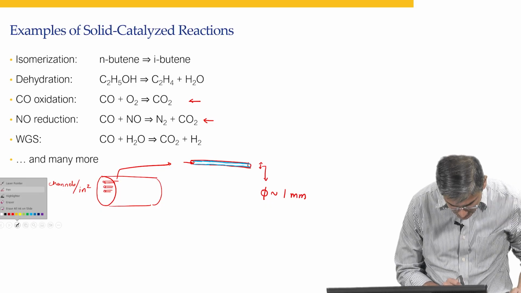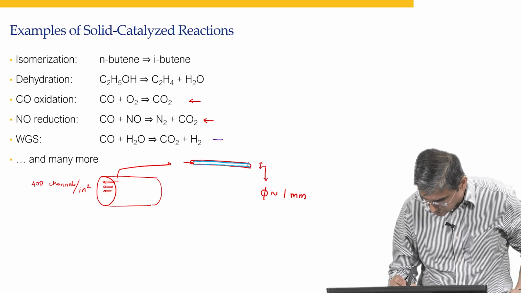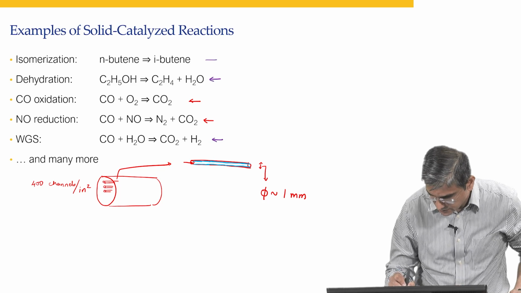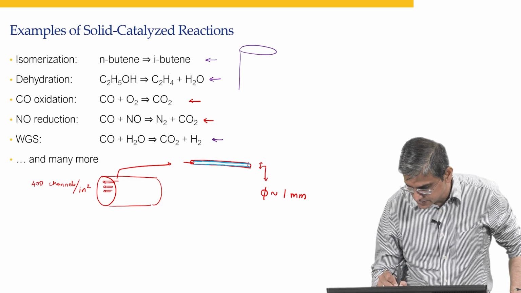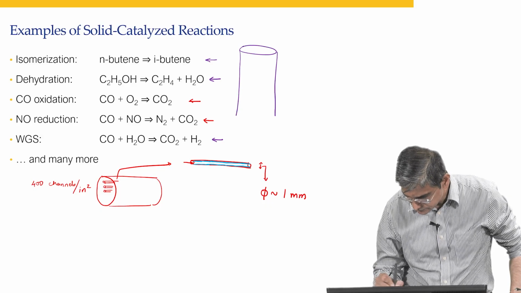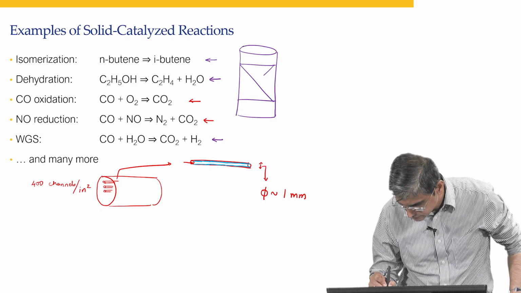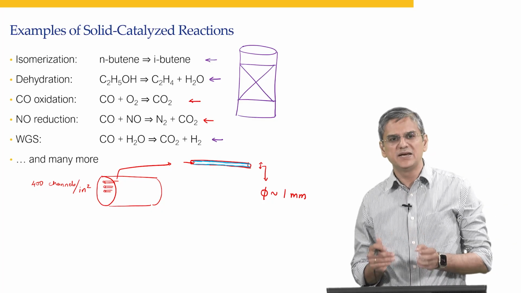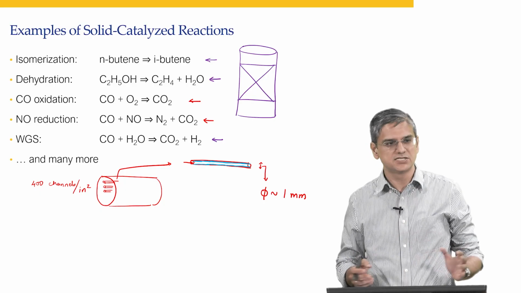The other example is something that you have encountered multiple times before. These will often be carried out in packed bed reactors. Okay. So, these will be pellets of size say 1 millimeter, 2 millimeters, 5 millimeters, 1 centimeter and so on.